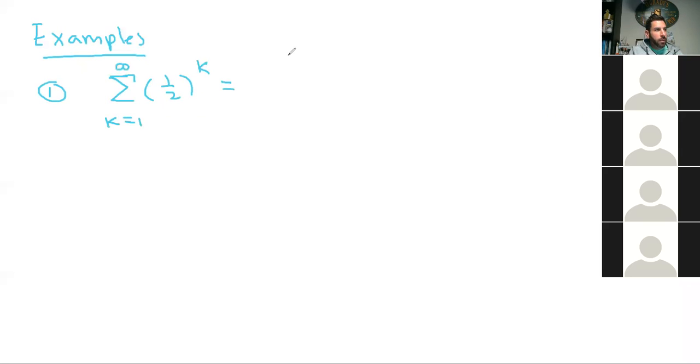this is equal to, by the theorem, 1/2 over 1 minus 1/2, which is 1/2 over 1/2, which is 1. So if you want to understand how I'm using the formula, let's look at the numbers I'm using here. Here, what is R? R is 1/2. So that's the one we already did.